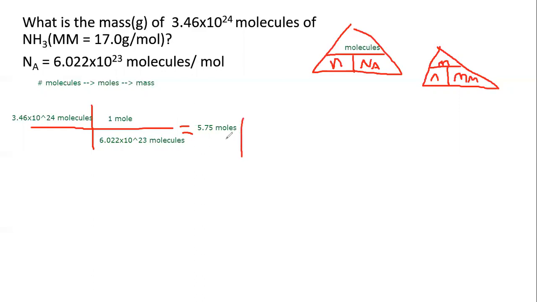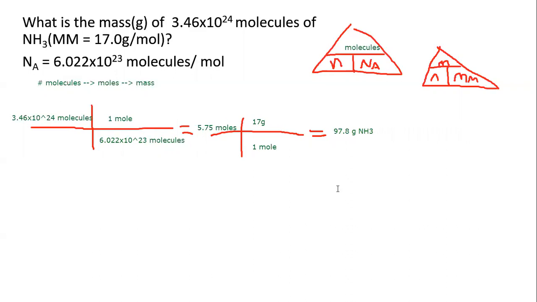So now we convert the moles to mass, and again, moles times the molar mass gives us mass. So 17 grams per 1 mole. And so this is 97.8 grams of NH3.